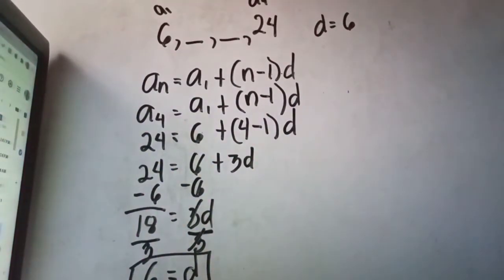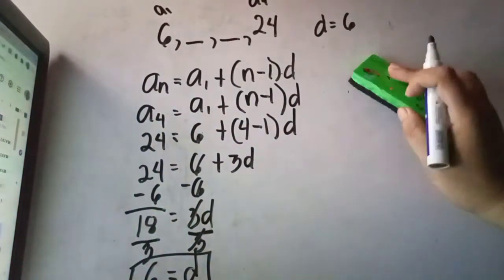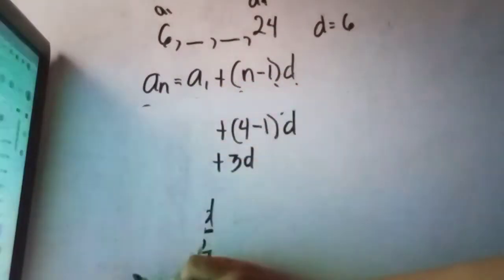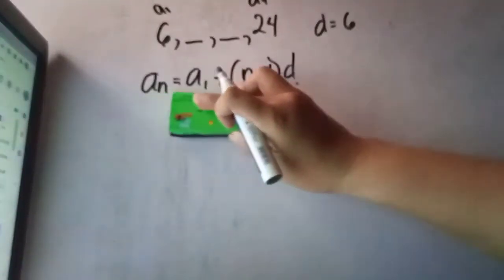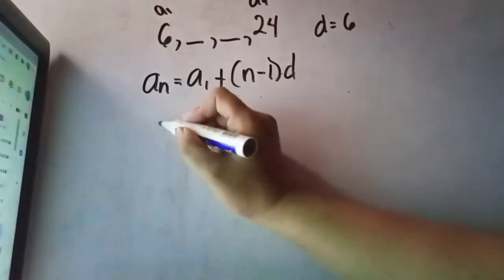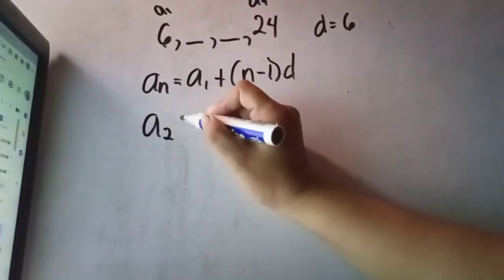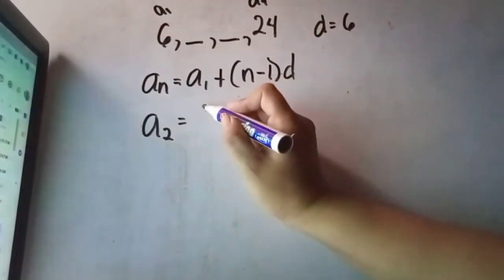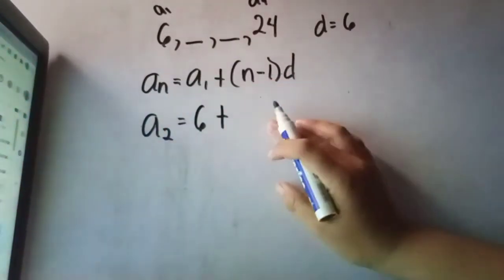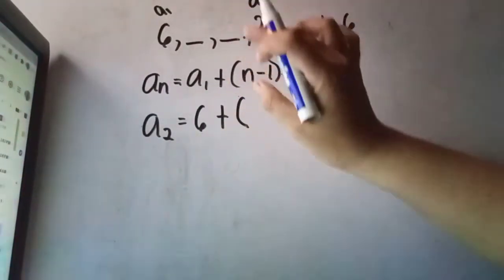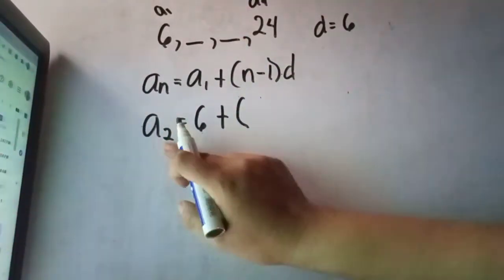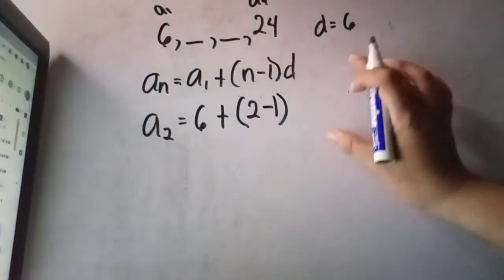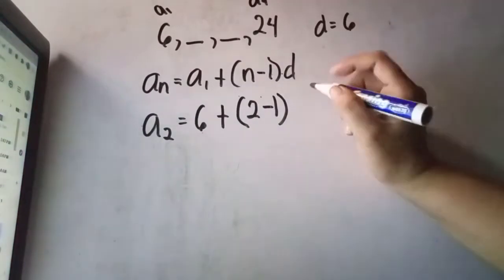Okay? Ngayon, dahil may value na tayo ng d, hahanapin na natin yung a sub 2 at a sub 3. So, gawin natin a sub 2 is equal to a sub 1. Ang ating a sub 1 ay 6 plus, so, ang ating n, pangalawang term ang hinahanap natin. So, 2 minus 1 multiplied by the d, which is 6.